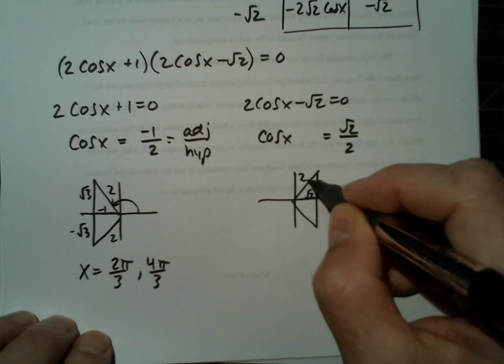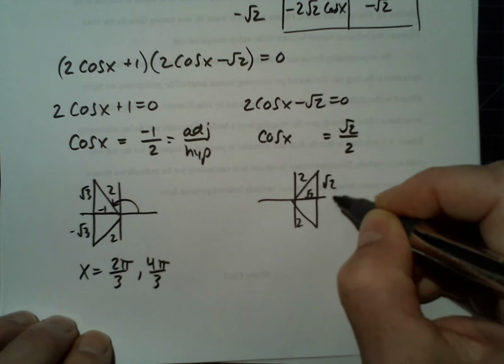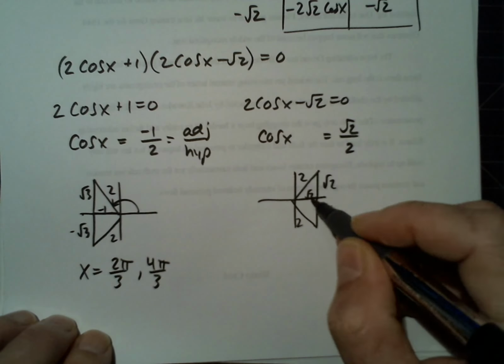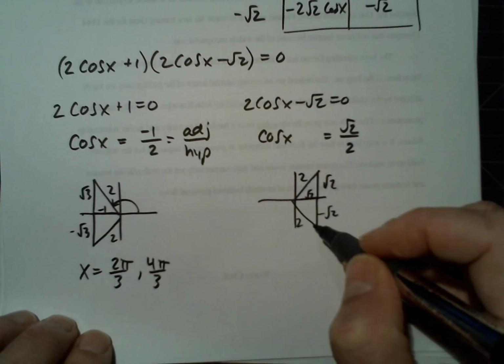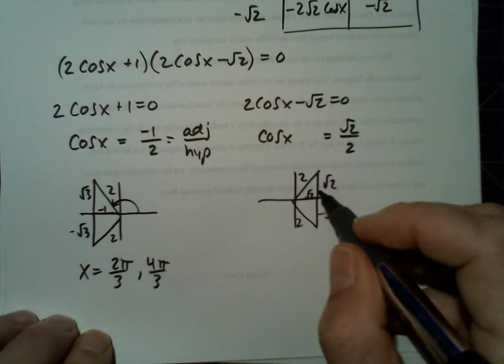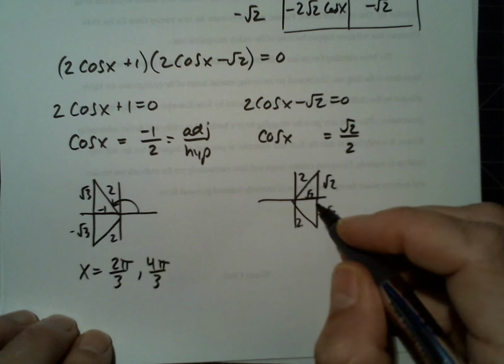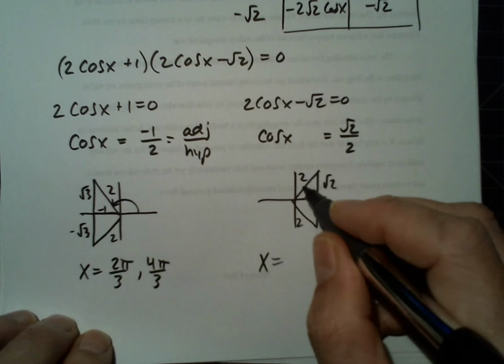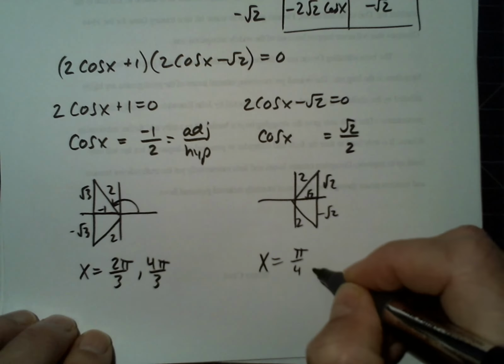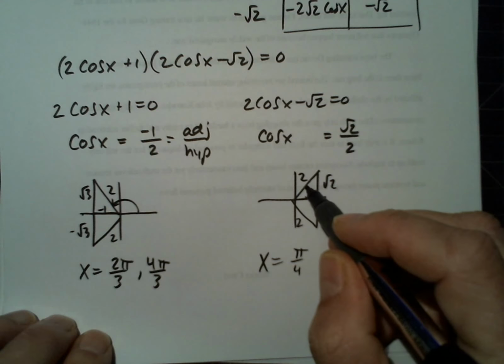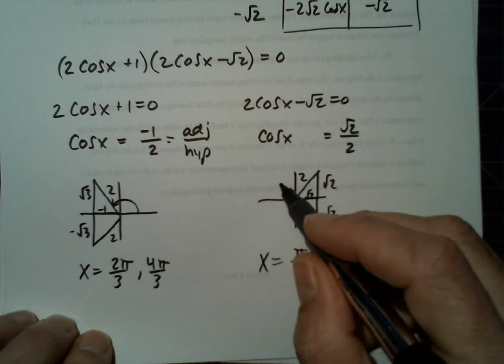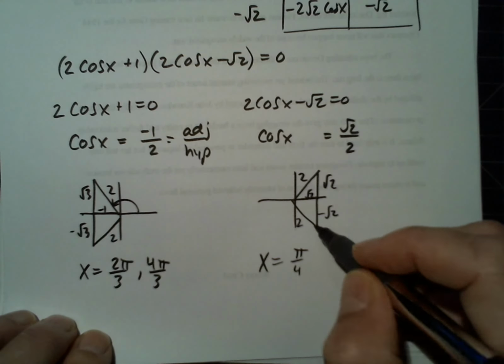The hypotenuse is 2. If we do the Pythagorean theorem, we can see that it's an isosceles right triangle, or 45-45. So now we get pi over 4. That's pi over 4, 2, 3, 4, 5, 6, 7 pi over 4.